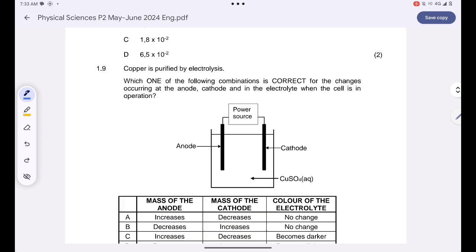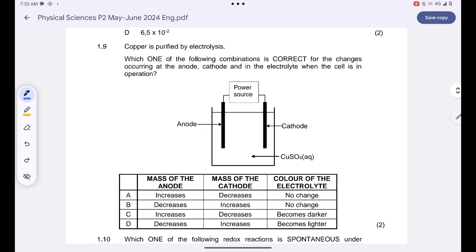Okay, and then now we are told that copper is purified by electrolysis.